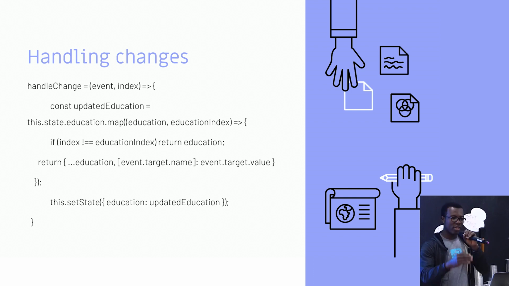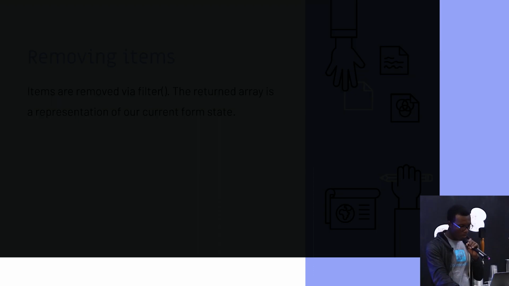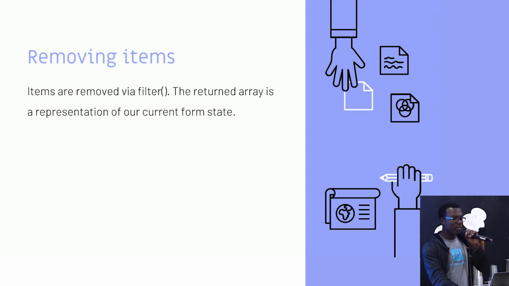So let's say I have 3 and I'm on the second one. The index will be 1, and then I filter with that and make the update to the state. Now finally, for removing items, it's pretty simple, still filter. Whenever you call remove, you just send an index and you remove based on that index.